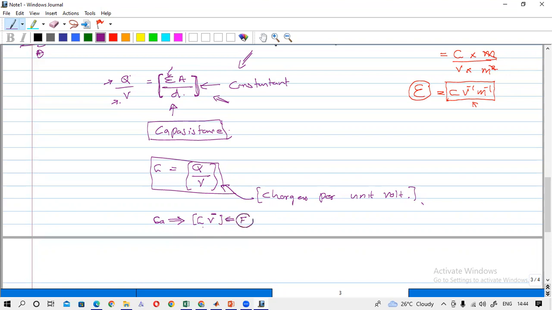So coulomb per unit volt can also be replaced by farad. So you will get farad per meter. This is the unit mentioned in Wikipedia for epsilon, so you can derive that also.